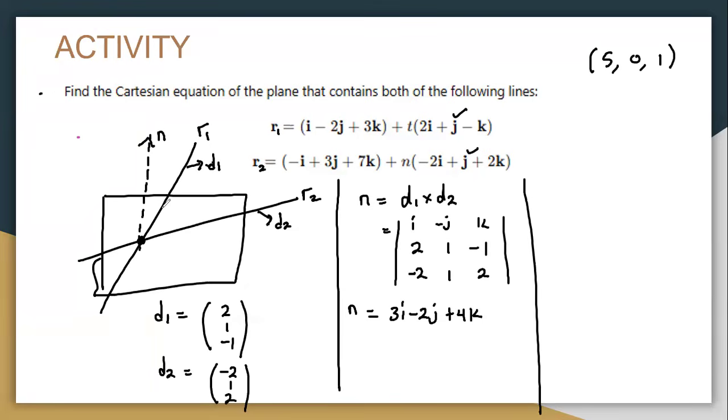Along this line, you have this point, which is 1, negative 2, 3. Along this other line, you have a point, negative 1, 3, and 7. So feel free to use either this point or this point. If you still want, you could as well use 5, 0, 1. Use any point.